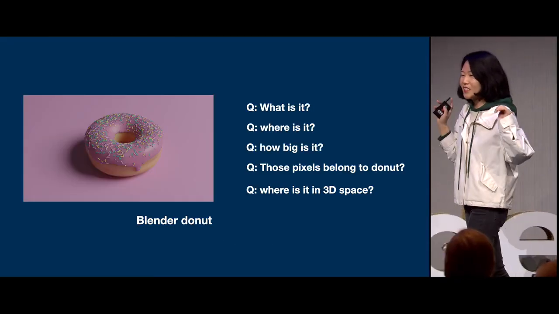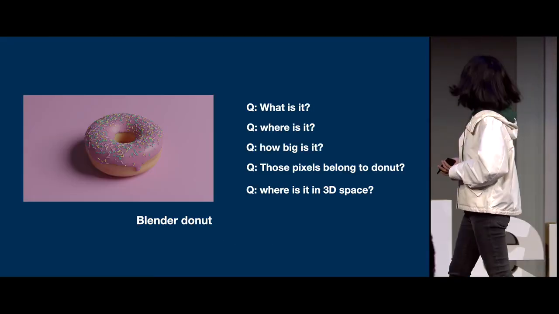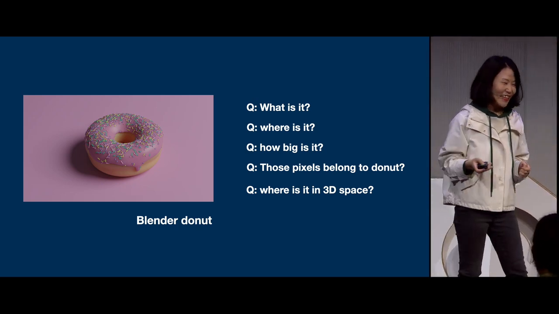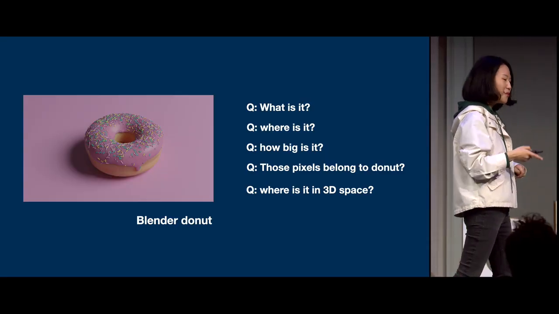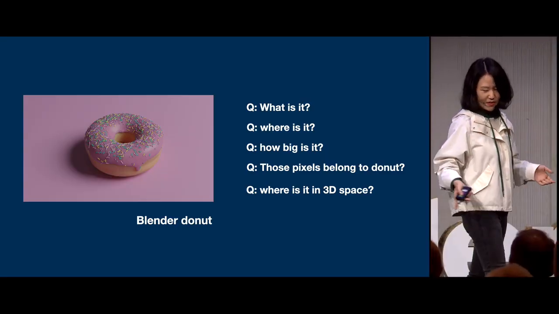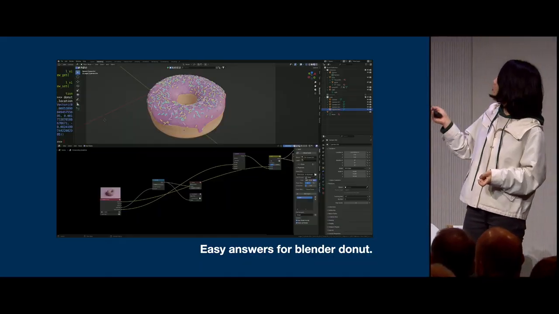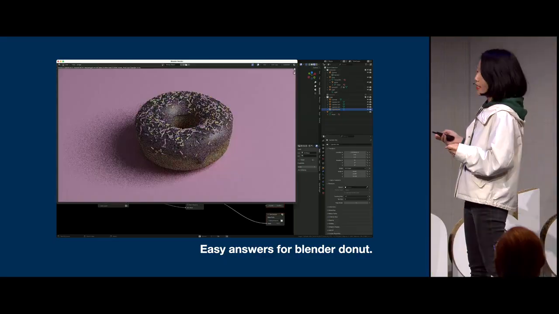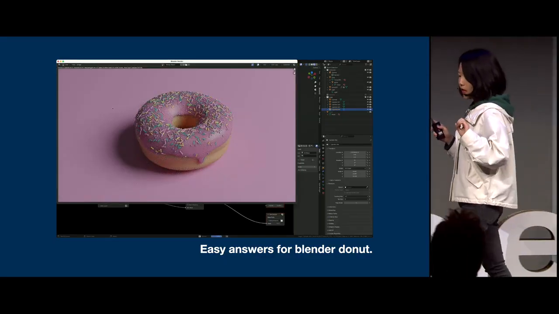But the Blender donut didn't have this problem. This is where I start my Blender journey, as you guys. So it will be very easy for the Blender engine to answer these questions. If we turn on the object index in the rendering settings, we can get a perfect mask image after rendering.